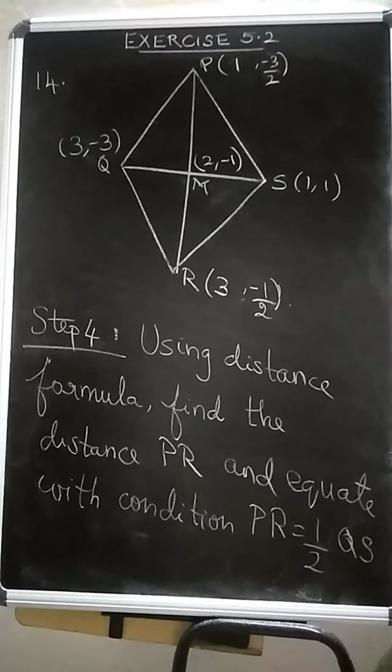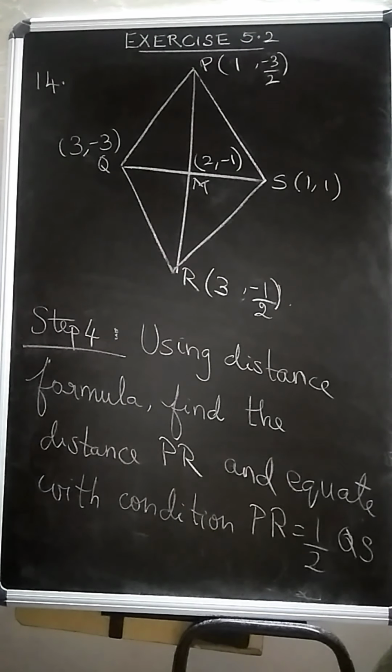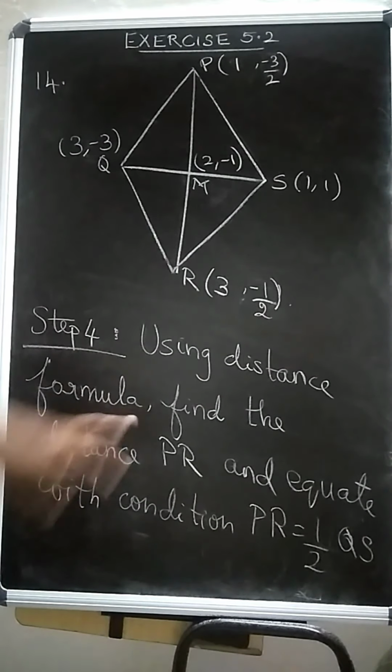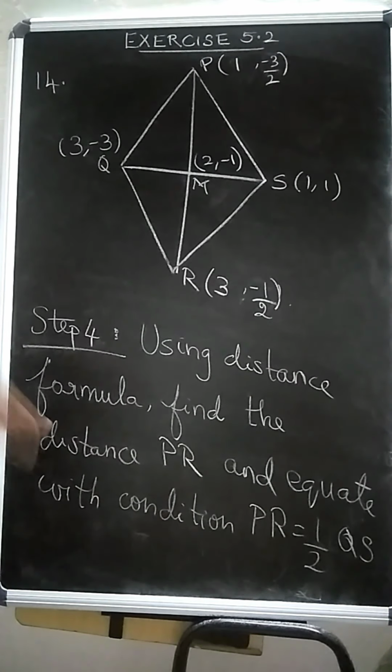Step 4, you have the condition QS is equal to 2PR. So you are going to find the distance between PR. So using distance formula, you are going to find PR and you are going to equate it with the value half of QS, that is half of root 20, and you will be getting an equation, and you can name the equation as equation number 5.